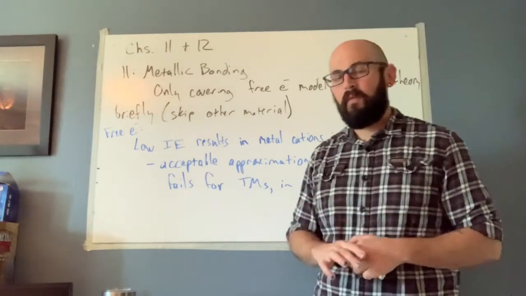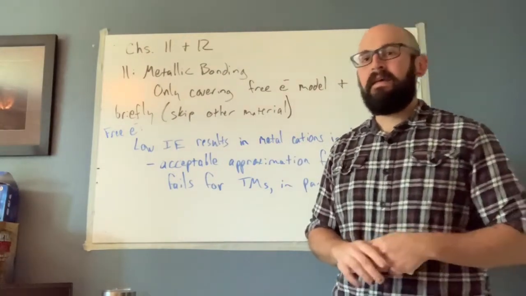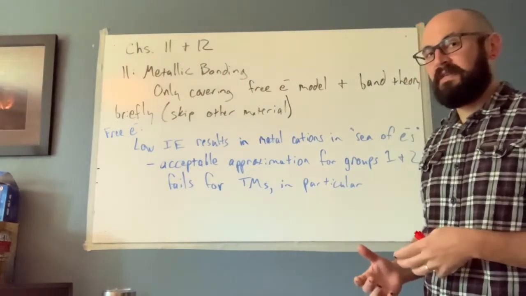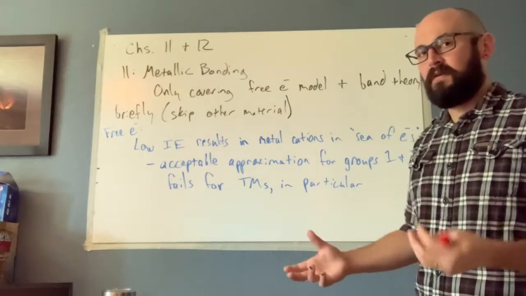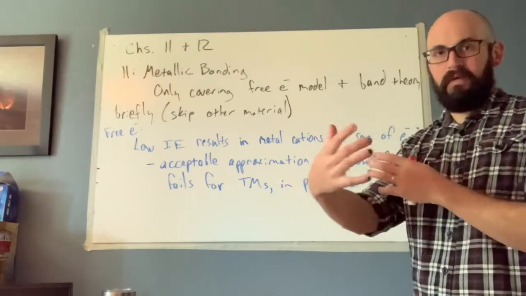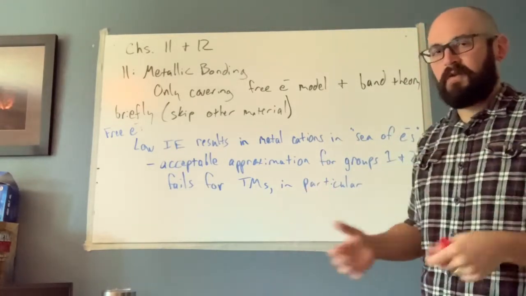Now, the way that we ascribe that delocalized sea of electron density is due to the fact that our metals have low ionization energies. So we can think of our metals as losing all of their valence electrons and being individual metal cations associated with nearest neighbors and surrounded in the sea of electron density.